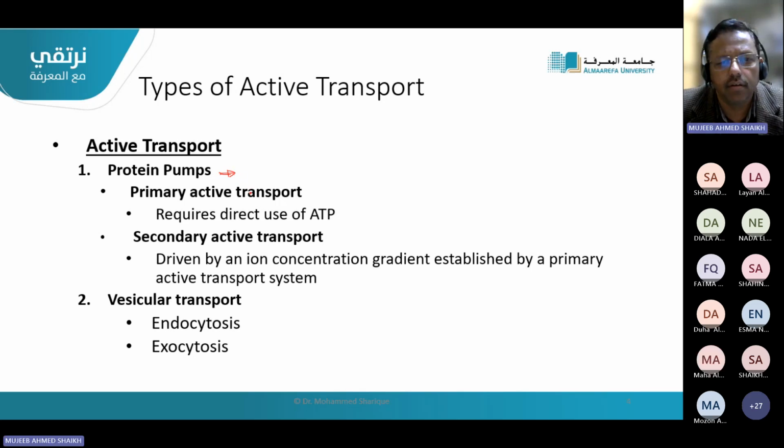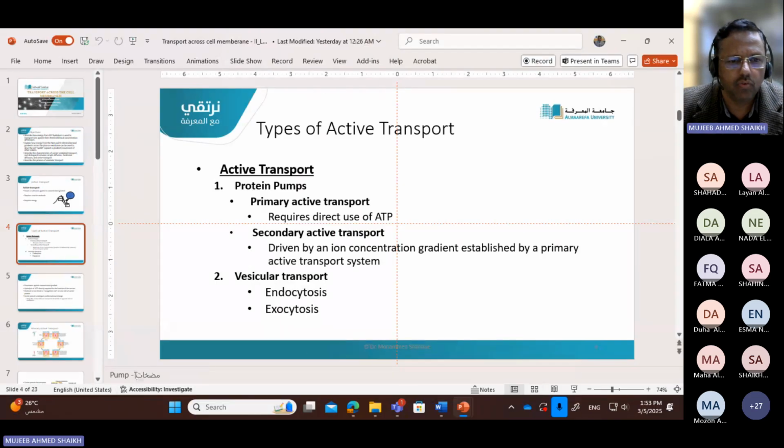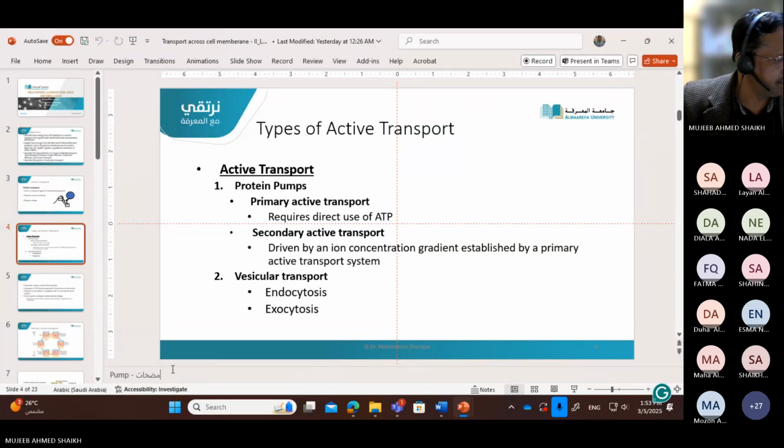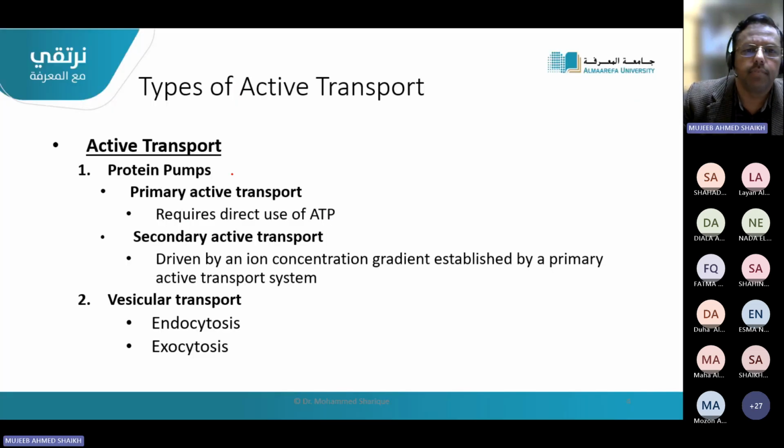I put it in the notes section of the slide, some Arabic terminology, but you know it already. So protein pumps are the channels which will throw any particle in against the concentration gradient.